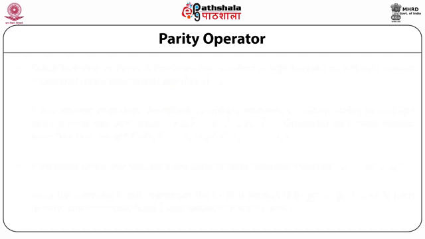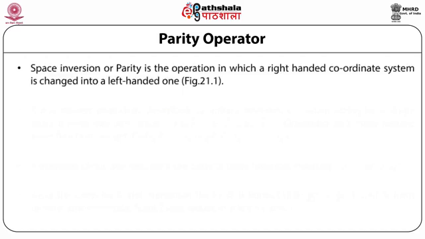Parity operator. Space inversion or parity is the operation in which a right-handed coordinate system is changed into a left-handed coordinate system. So basically what happens is that under this kind of operation, if you have a coordinate system in which the three axes are directed along the positive x direction, positive y direction, and positive z direction, then after the parity operation is performed, the axis along the positive x direction is changed into an axis along the negative x direction.